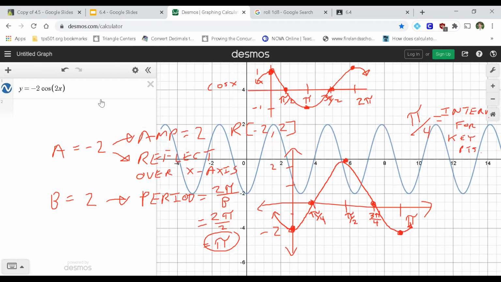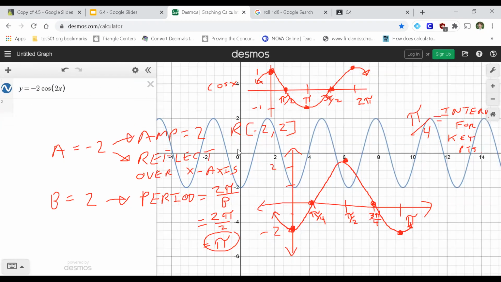So if we graph y equals -2 cosine of 2x, you will see it starts at 0, -2, like we said. The first intercept is at pi over 4. It then has a maximum at pi over 2, 2. Intercept again at 3 pi over 4, 0. And completing the cycle at pi, where the y value is -2.